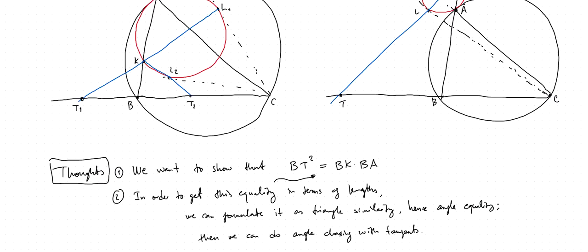First of all, before starting, I want to know what my target is. What do I want to prove with this angle chasing? Right now, I know my target, but it is not in terms of angles. It is in terms of lengths. So I want to reformulate my target in terms of angles, and then this will set a goal for me.